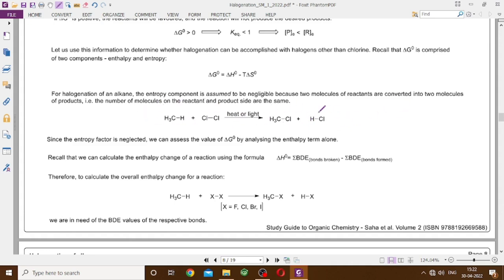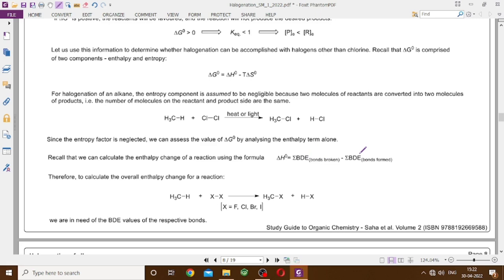So we can make a grossly oversimplified assumption that entropy is not changing much, which is not a great assumption, but for our purpose, it will have to work. And in that case, the delta G0 is solely dependent upon delta H0. And delta H0, we know, is given by sum of BD bonds broken minus sum of BD bonds formed.